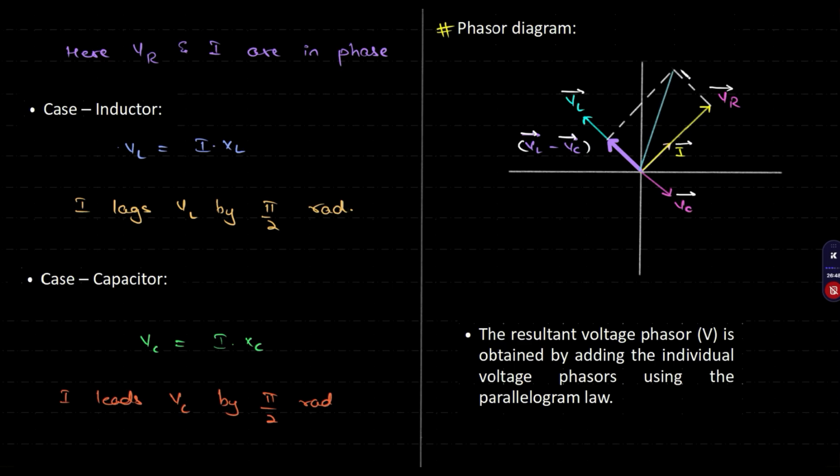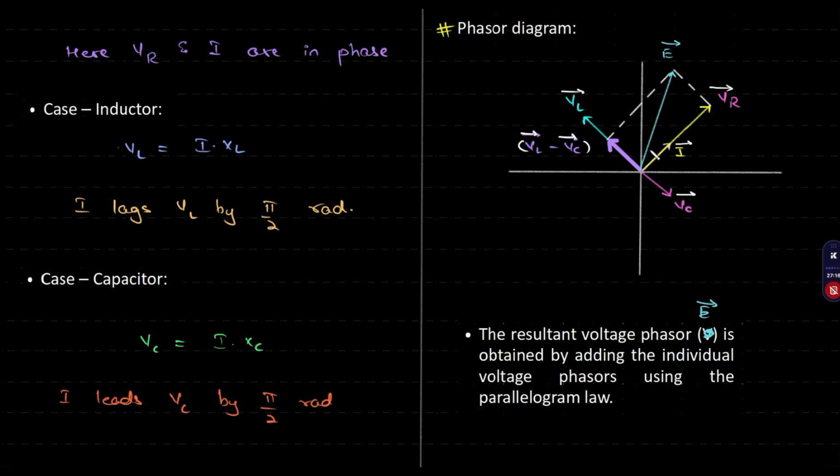This would give us your resulting voltage. The resulting voltage phasor E is obtained by adding the individual voltage phasors using the parallelogram law of vector addition. So that's what we have done.